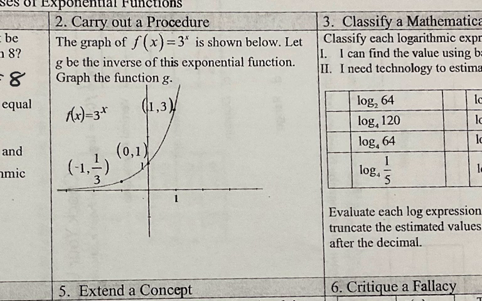Two, we're going to graph an inverse. So right here's a graph of 3 to the x. And I know g is the inverse of that. So what do I do when I find an inverse? We change the x and y values.